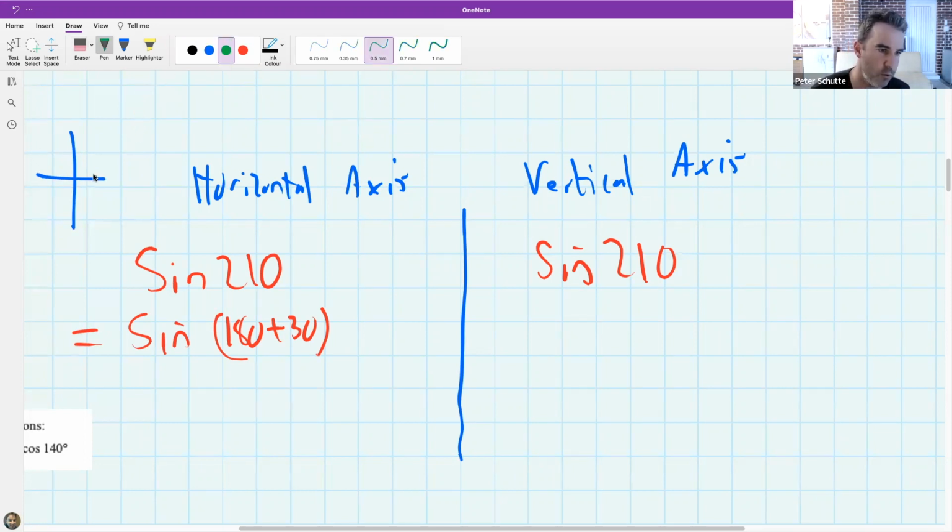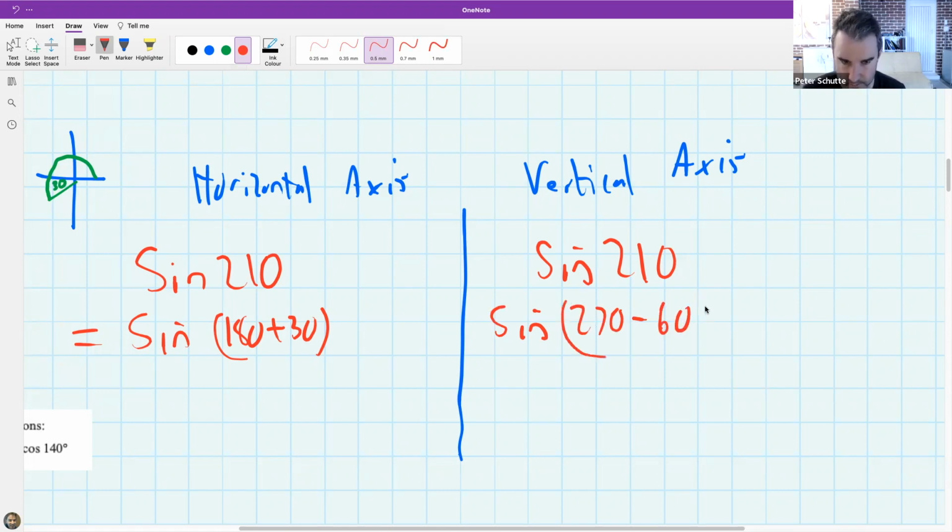It looks to me like we're in quadrant 3, so this last little bit is 30. If I want to reduce this off the vertical axis, the nearest vertical axis is going to be 270. And so I would write this as 270 minus 60.